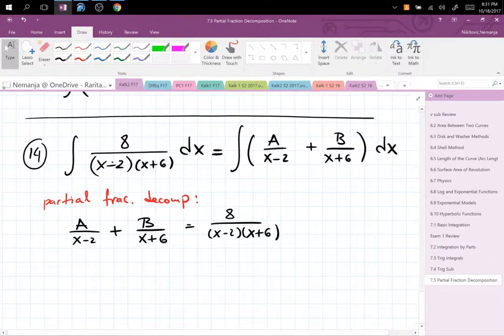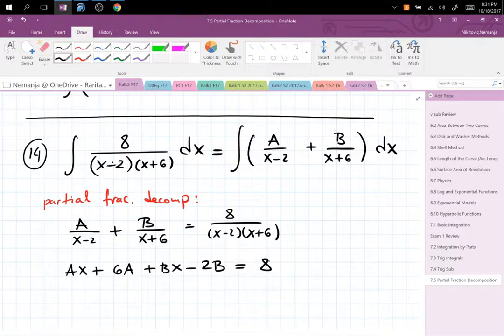We cross multiply on the left. We have ax plus 6a plus bx minus 2b is equal to 8. Remember, we don't have to worry about denominators because denominators will be common, and when you multiply both sides by x minus 2, x plus 6, they all cancel.